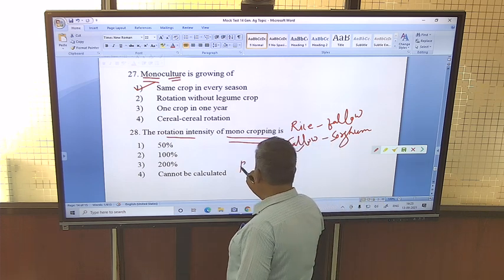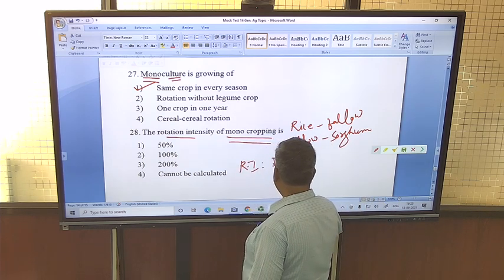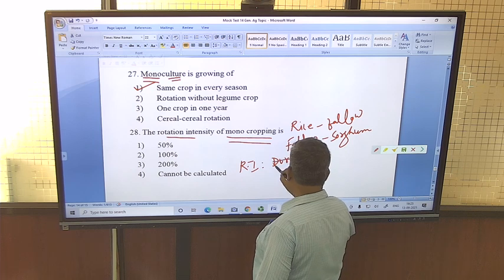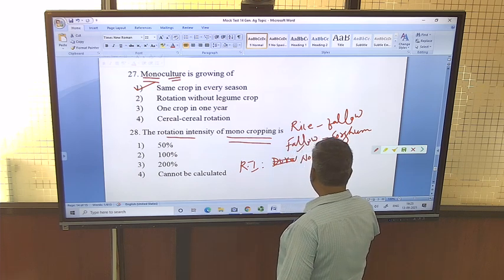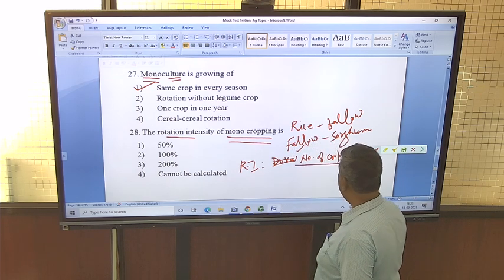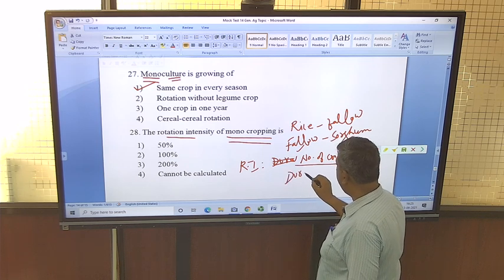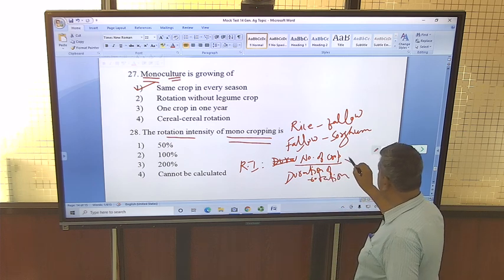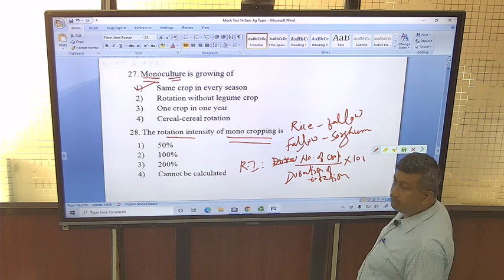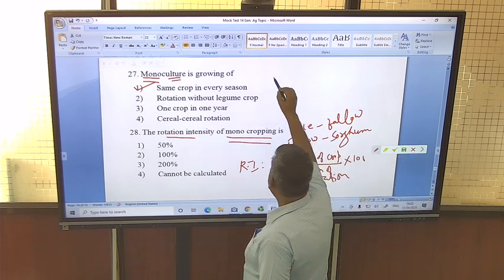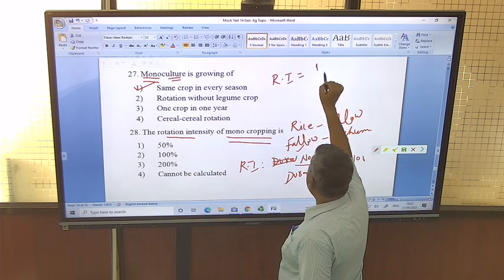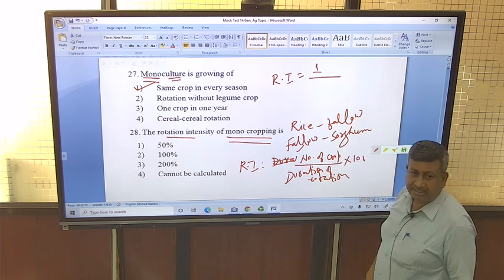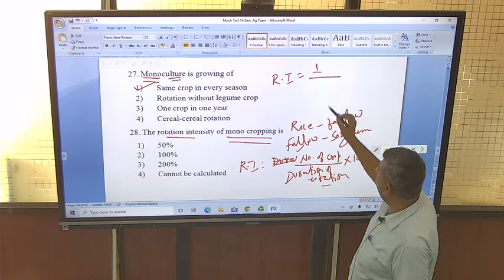Rotation intensity is the number of crops in rotation divided by the duration of rotation, multiplied by 100. In monocropping, how many crops are grown? Only one, because one season is kept fallow, and the duration is 1 year.